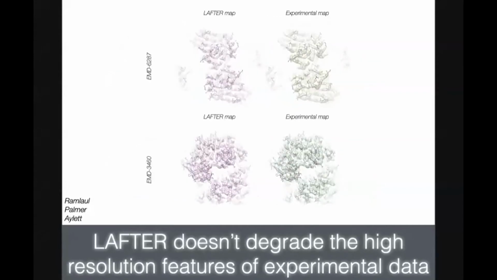And you can also see here that LAFTER retains the same high resolution signal that matches the models without noticeable degradation between the two maps, the LAFTER map and the experimental map. They're almost interchangeable.